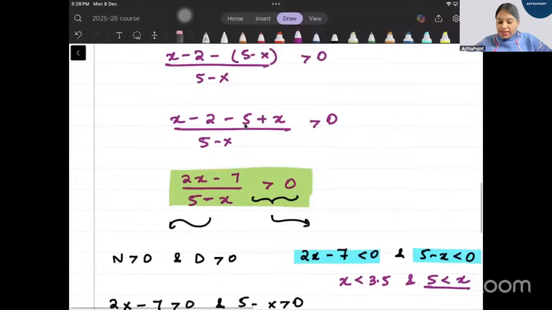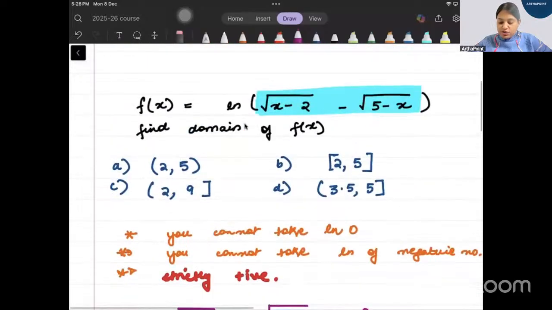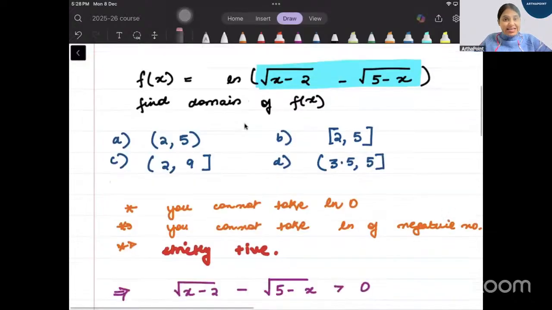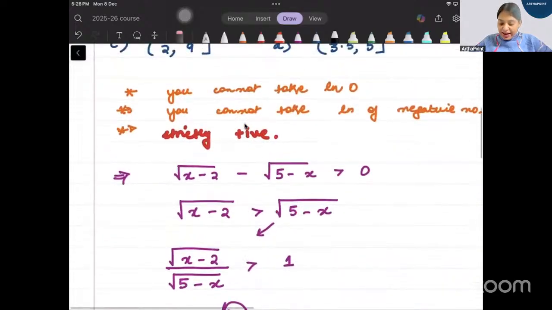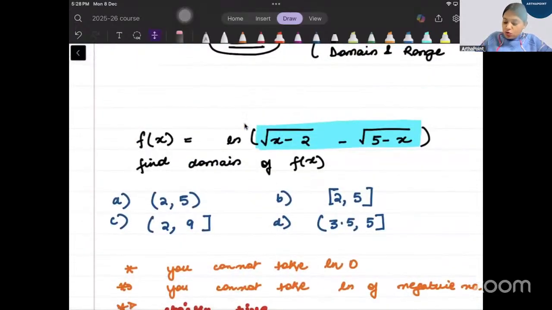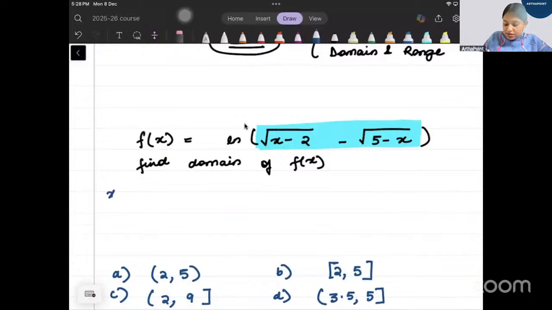Okay. Now, one thing that you have to see is whether 5 can be included or not. Because when we wrote it in fraction form, numerator by denominator, this is coming in the denominator, and the denominator has to be non-zero. But since the actual function is this, when you take x as 5, you get ln of root 3 minus 0.